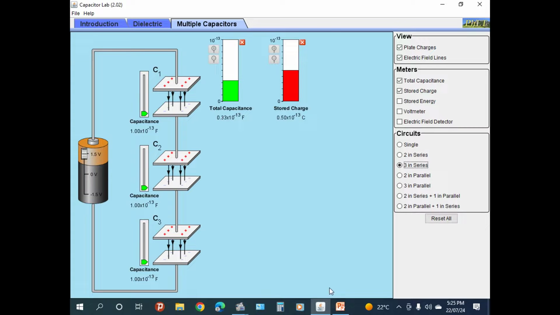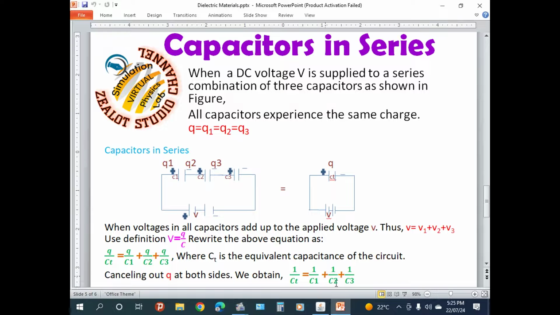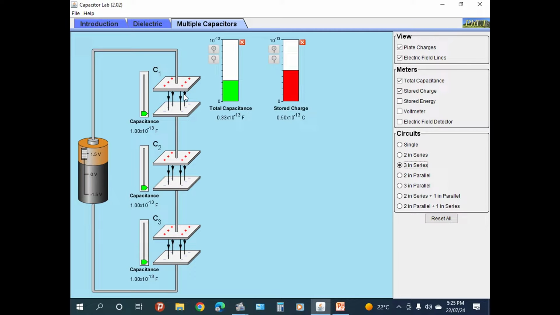Here I have the same as here. Okay, and with 3 capacitors connected in series, the total capacitance is given as 0.33 times 10 to the power of minus 13 Farad, or 3.3 picofarads, and each capacitor is assumed to have the same capacitance, that is 0.1 picofarad, 0.1 picofarad, 0.1 picofarad.